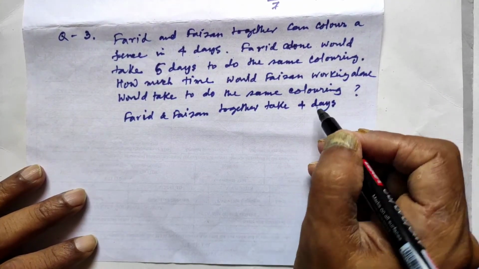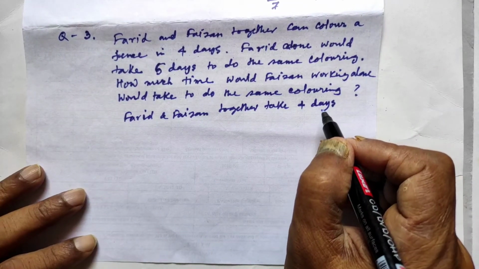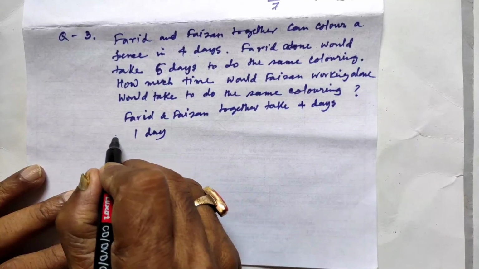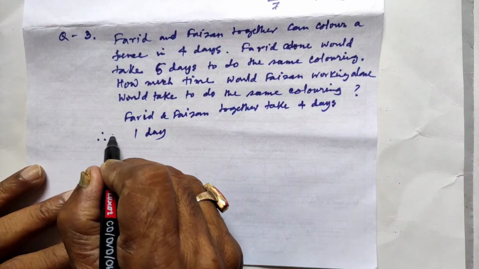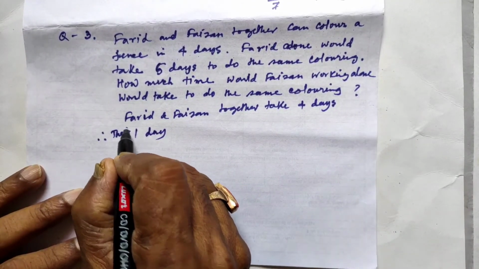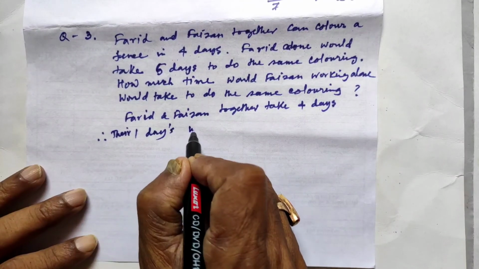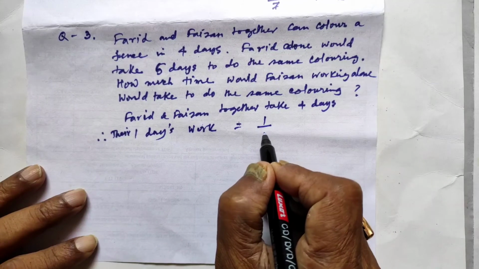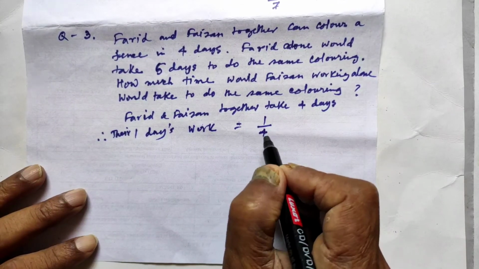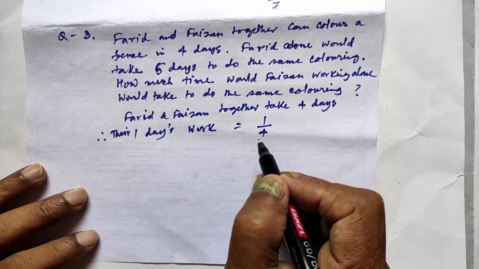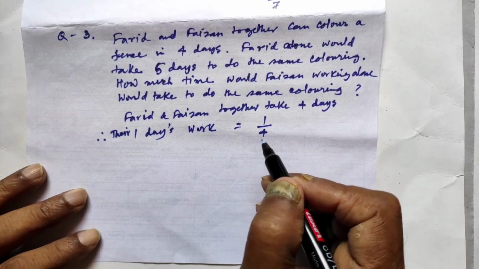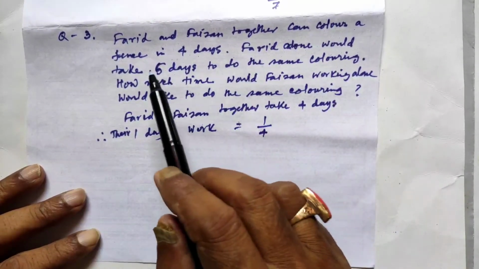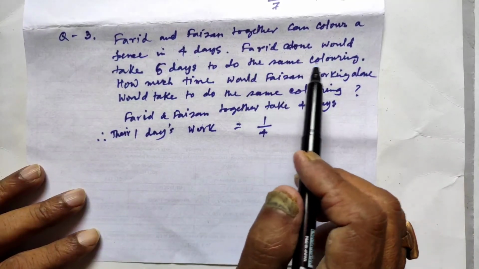Therefore, their 1 day's work equals 1 by 4. Again, Farid alone would take 5 days to do the same coloring.